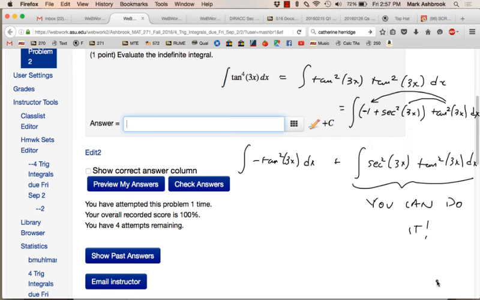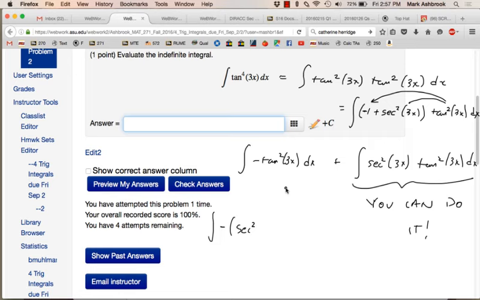Now what about just tangent squared by itself? Secant squared? No. So an integral is not... The derivative of secant is not tangent squared, so you're mixing that up.